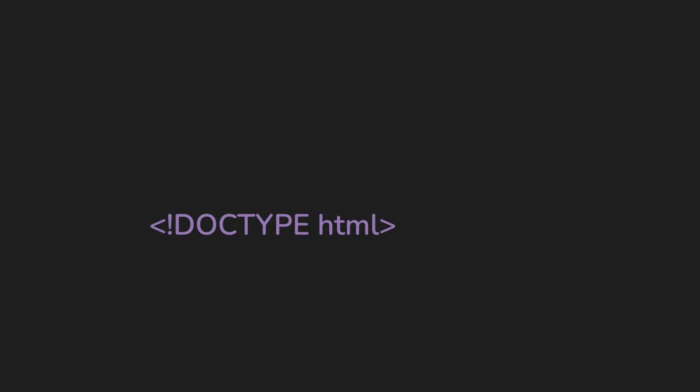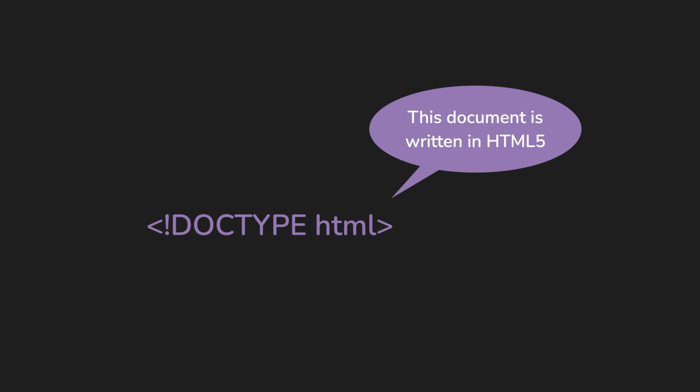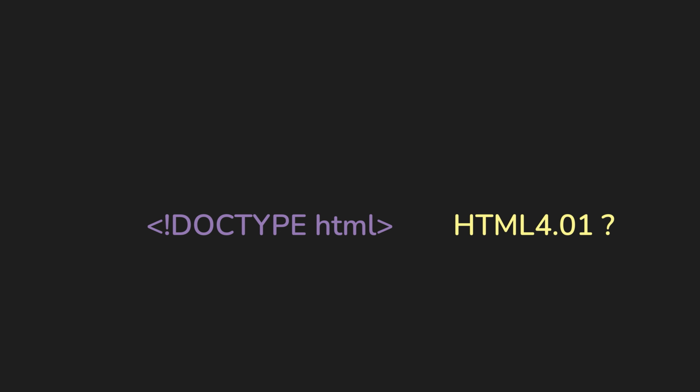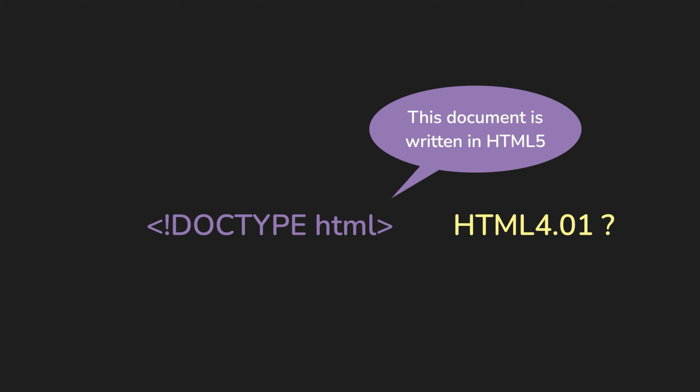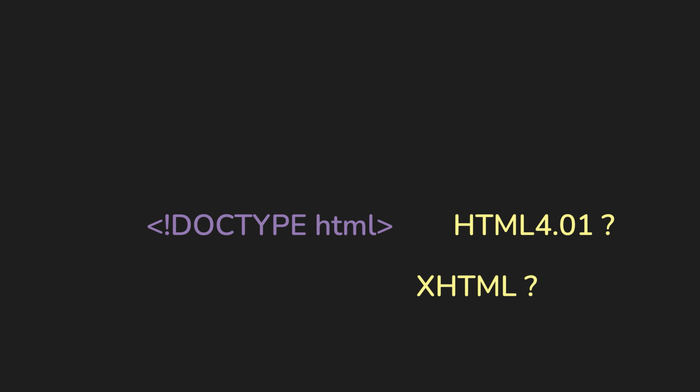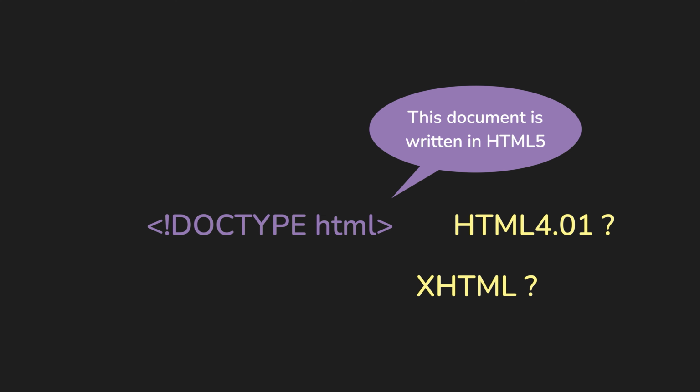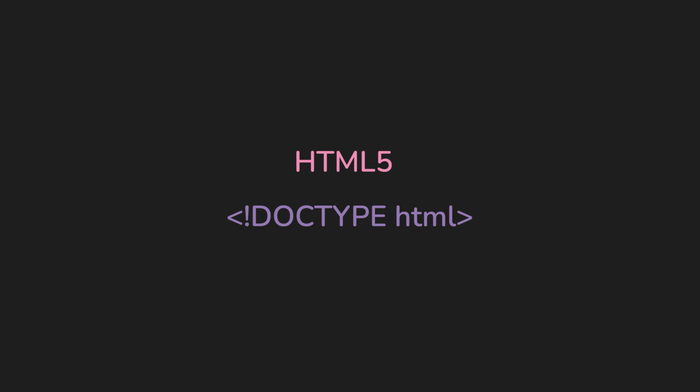This single line simply means that the web page is written in HTML5. Other types include HTML 4.01, which is a predecessor of HTML5, and XHTML, whose X stands for extensible and is essentially a stricter version of HTML, but we won't talk about them here. Just letting you know that there are several other types of HTMLs.